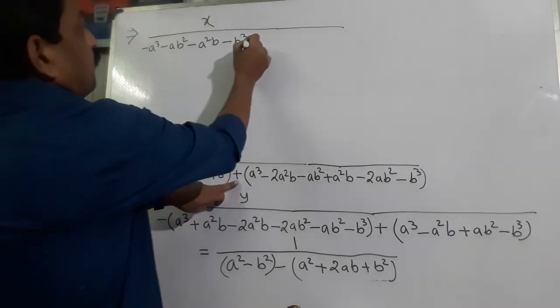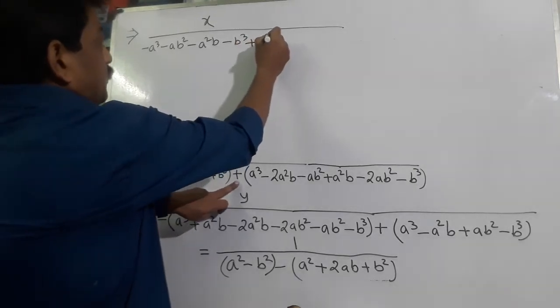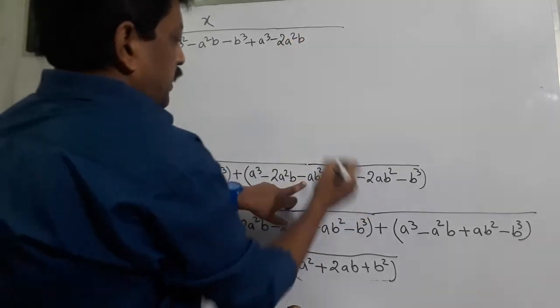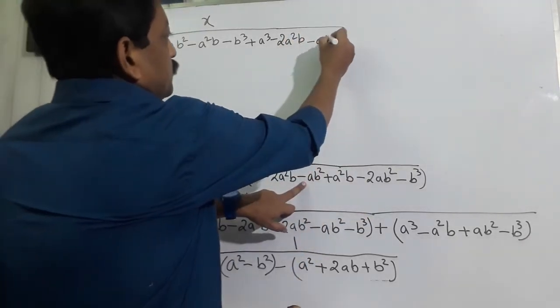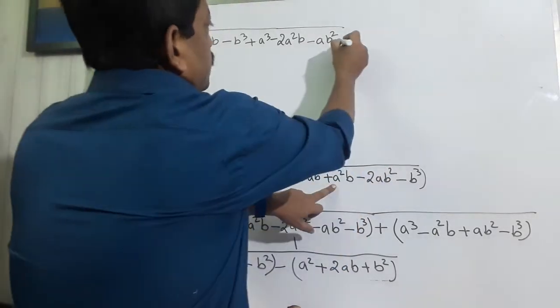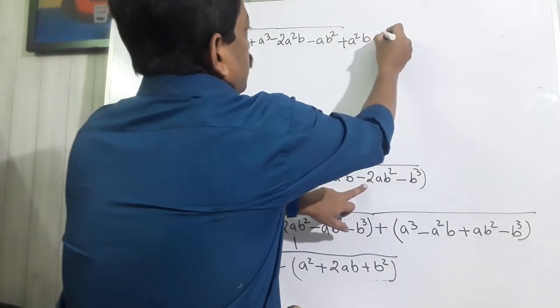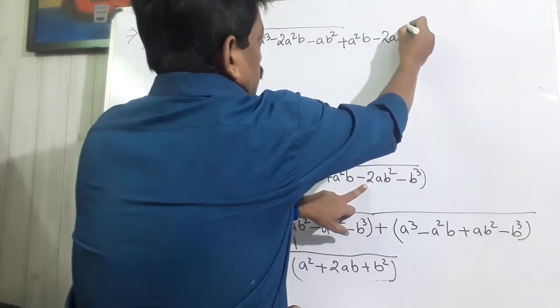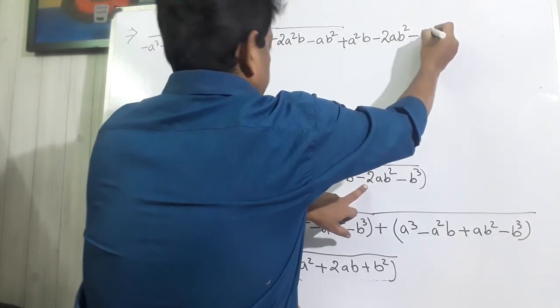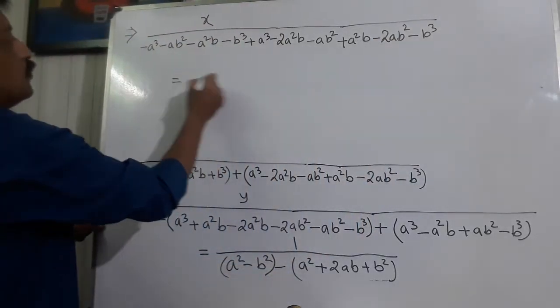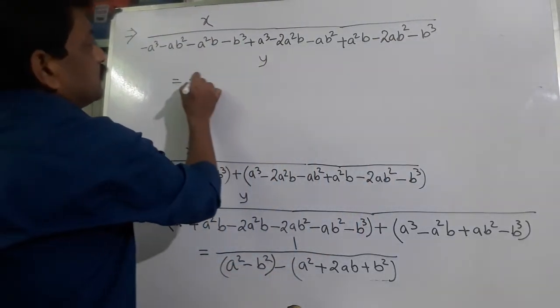Then plus a cube minus 2a square b minus ab square plus a square b minus 2ab square minus b cube equals to y.